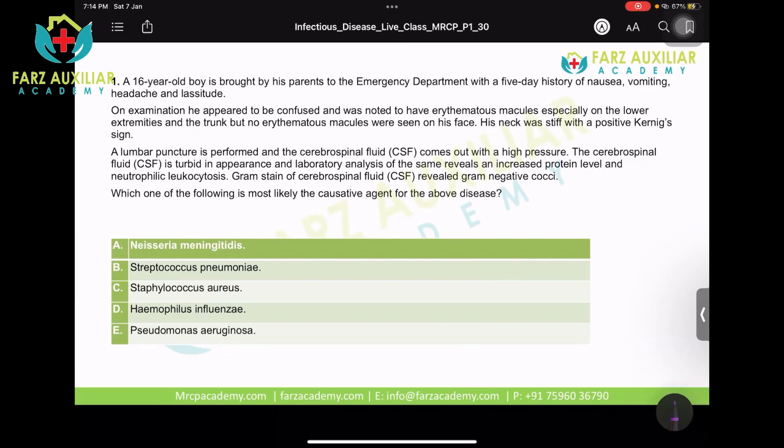Whenever you are looking at a question, you have to see who is the subject in the question. The subject's age, his ethnicity, the country to which he belongs will give you a rough idea as to what they are going to ask. Because in the exam, you will have 200 odd questions, you will not know that this question is coming from infectious diseases.